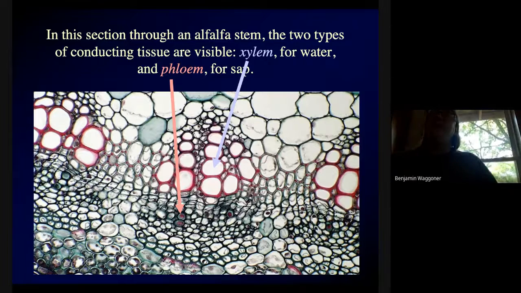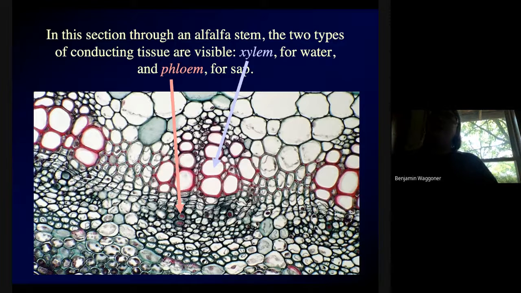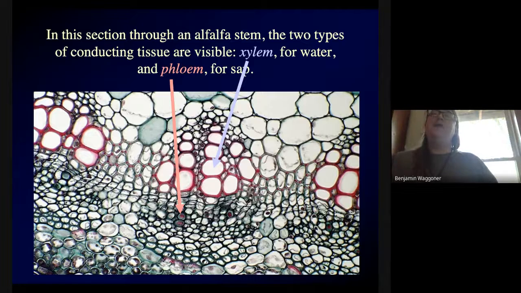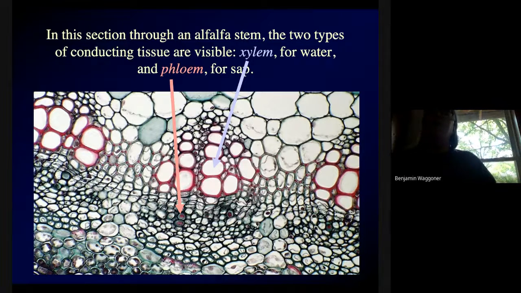And that type of conducting tissue is called xylem, X-Y-L-E-M. Xylos happens to be Greek for wood, like a xylophone means wood that makes a sound. Phono means a sound. And xylem is the tissue that makes up most wood. Wood is pretty much solid xylem.